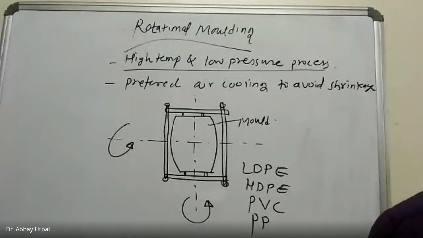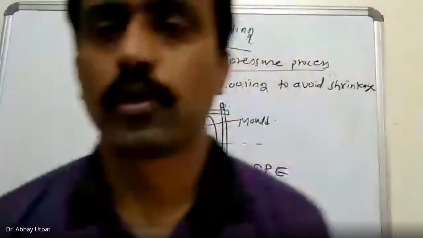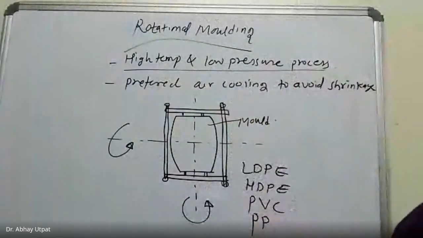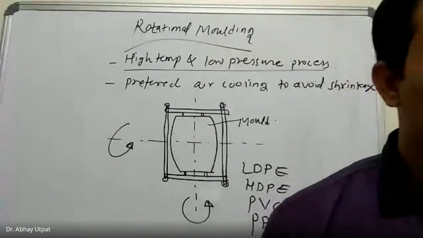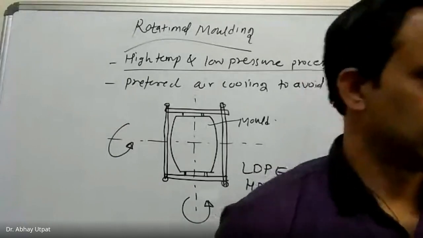Advantages. Rotational molding allows complex mold split lines. Second, it allows molded threads and inserts.